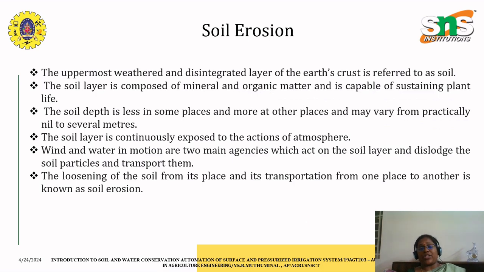Soil erosion is initially the main reason, because soil erosion plays a major role in the degradation of soil.